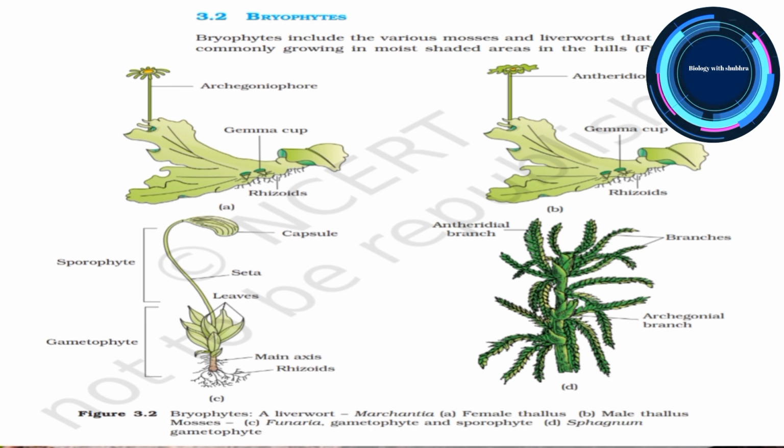Then in B, male thallus of Funaria moss, the gametophyte and sporophyte. In B, the male thallus is given here, the gemma cup is given, and the rhizoids are present. Antheridiophore is the male sex organ. In C, the gametophytic and sporophytic plant body is given, and the Sphagnum gametophytic plant body is given in the diagram D.